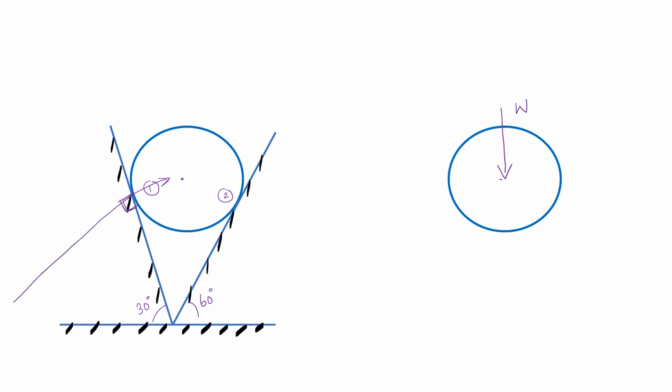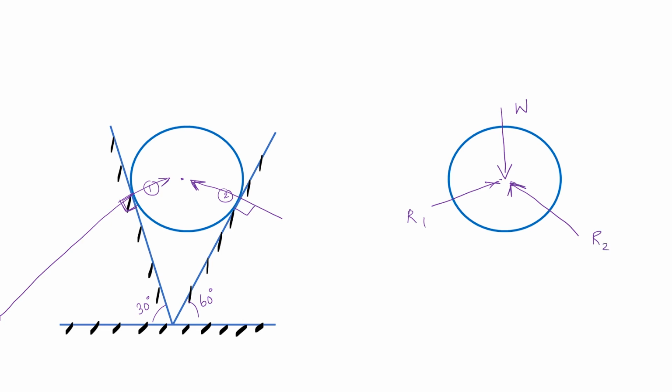Consider this will be the reaction, and here there will be a reaction like this, which is perpendicular to this and which is acting towards the center. While drawing this, we will get the free body diagram, this reaction R1 like this, and a reaction R2 like this. This is R1 and this is R2.